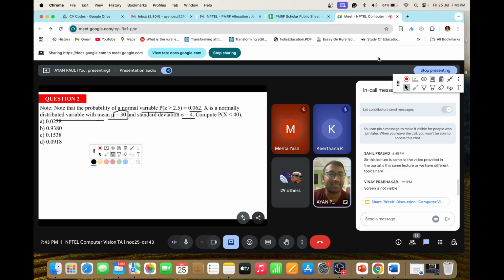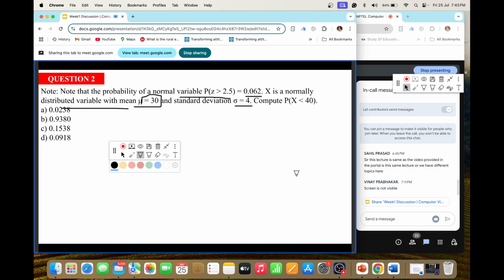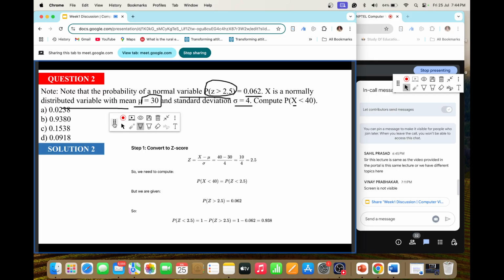No guesses? Okay, let me show the answer. First you need to compute the z score, because our given condition is given with respect to z. So how can you convert x to z? X to z can be converted by the z score.